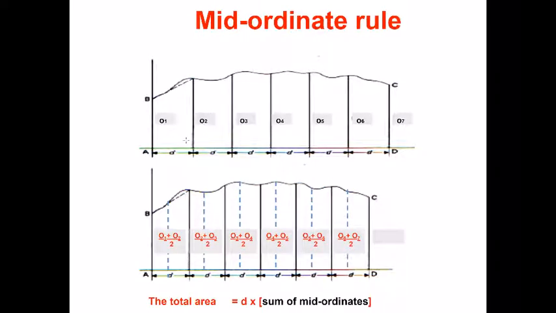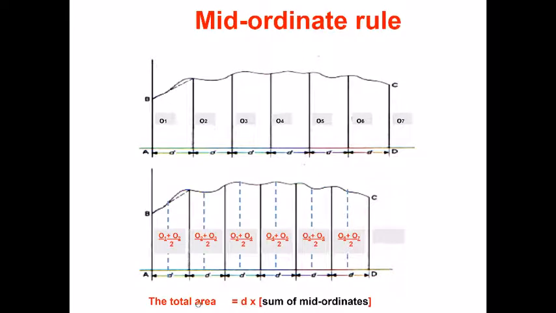So once that is selected, we take the value of ordinates at the boundaries of the strips, and we take the average for every strip. Once we have the average height or average ordinate of every strip, we multiply it by the distance d.